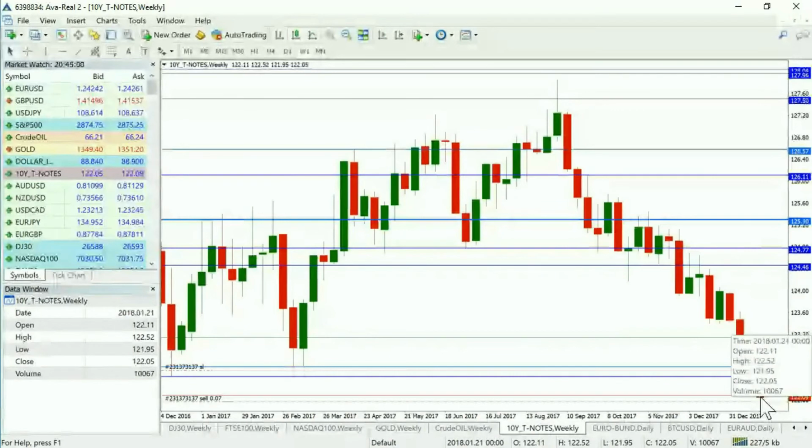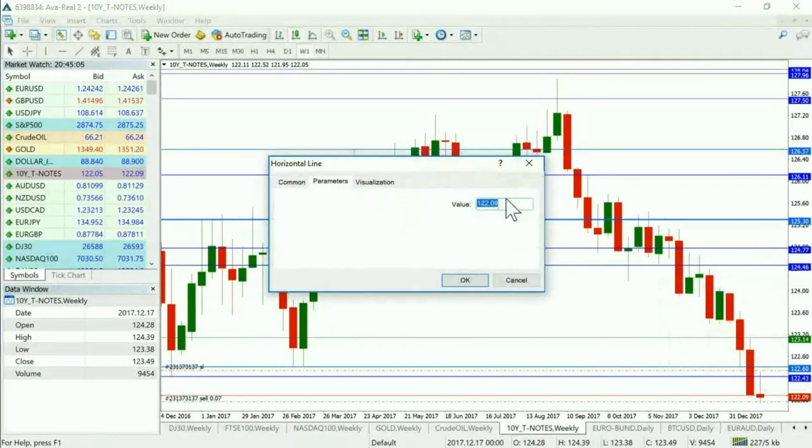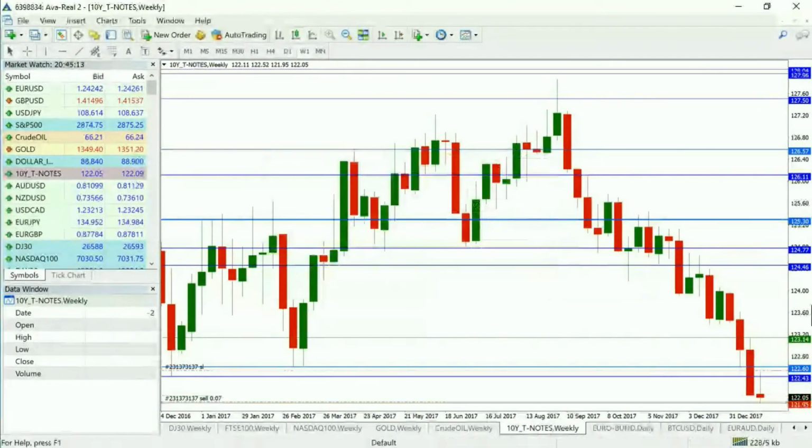Okay, so let's work with the lows. So the 121.95 to the downside, 121.95. So that's the weekly low, and the high. So we have our entry price at the low, and we have our exit price at the high of this week's price action.